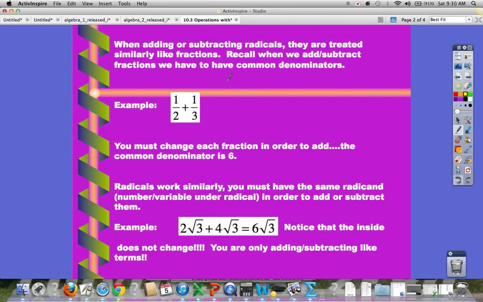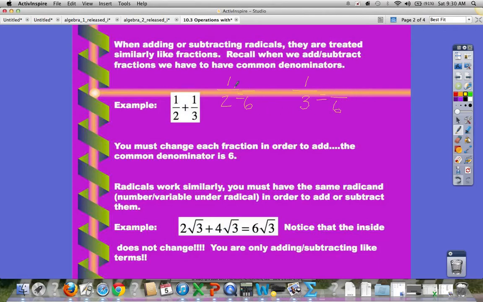So you had to figure out the common denominator between 1/2 and 1/3. Well, if you multiply the two bottoms, you found out that 6 is a common denominator, and that happens to be the lowest one.